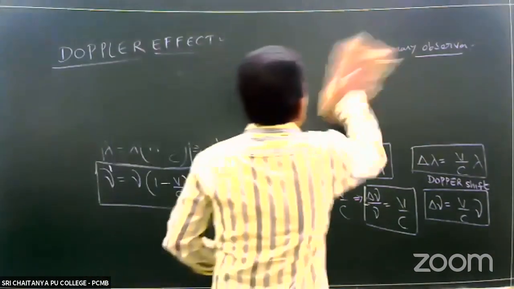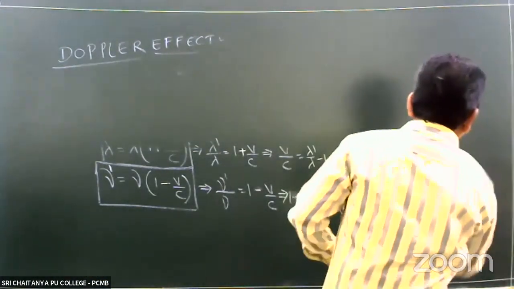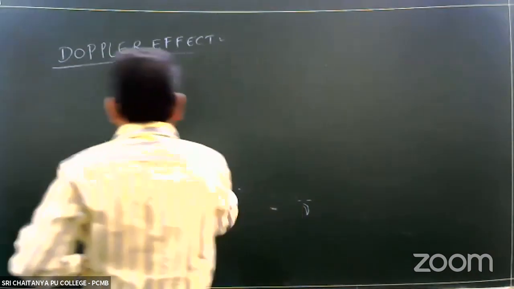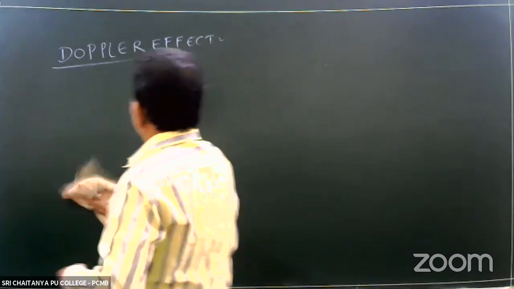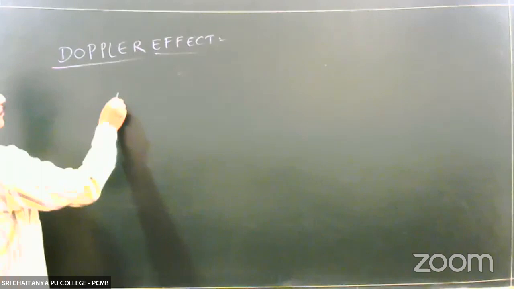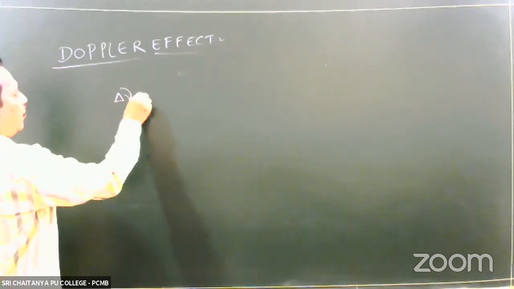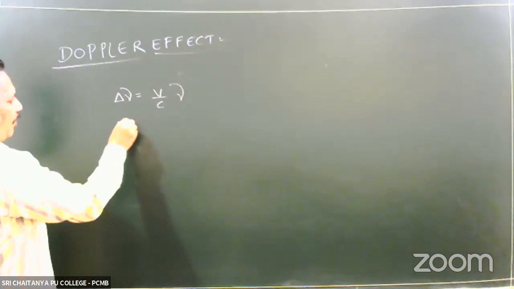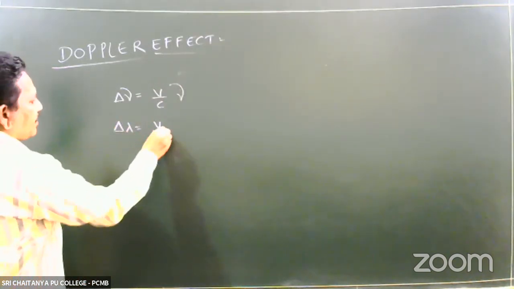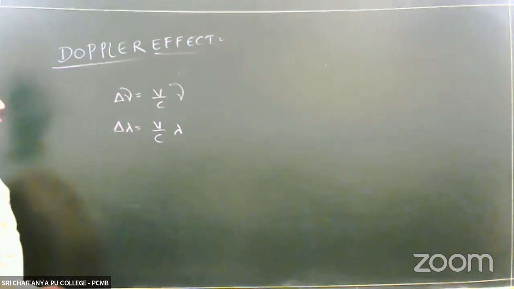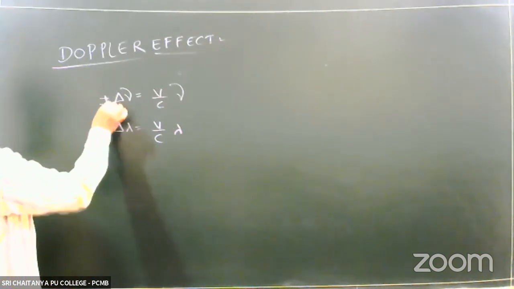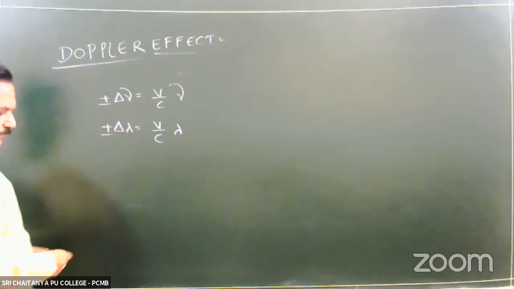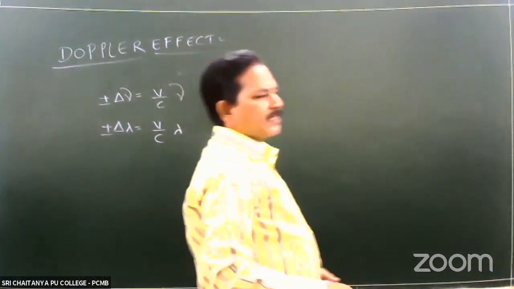Now, overall result I will write. So in the Doppler effect, overall result: delta nu is equal to V by C into nu. Delta lambda is equal to V by C into lambda, plus or minus. What represents plus or minus?